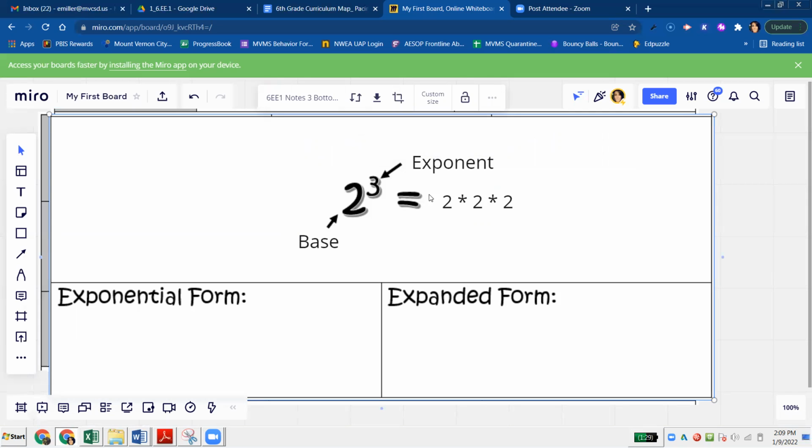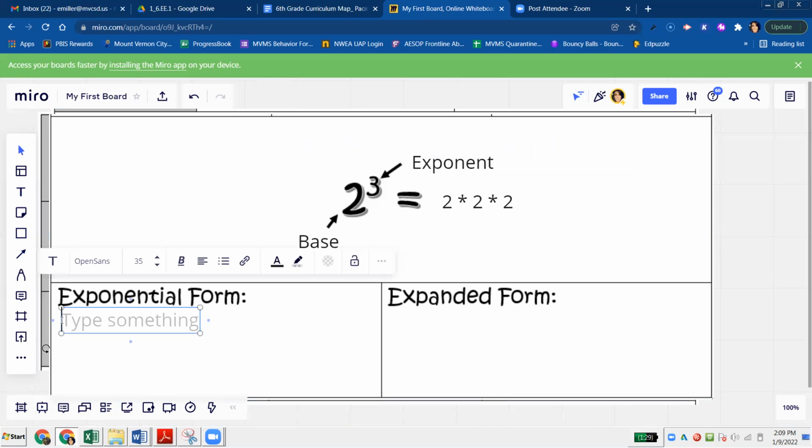All right, so right here, this is the exponential form. So the exponential form is where a base is with an exponent.